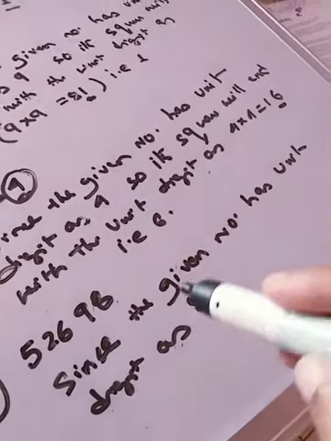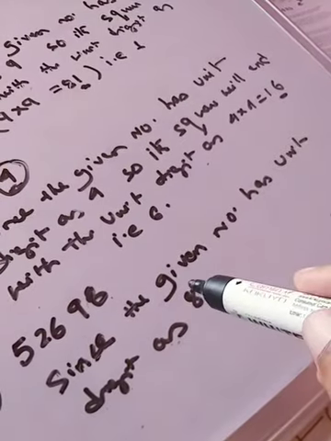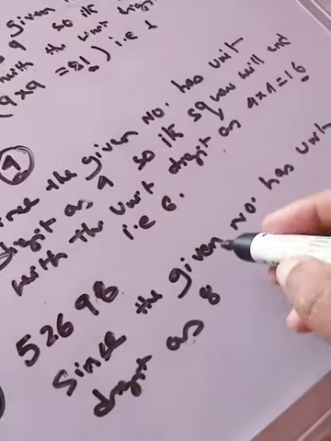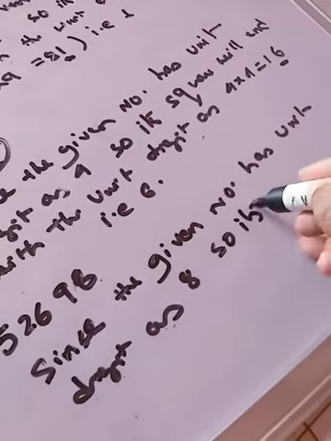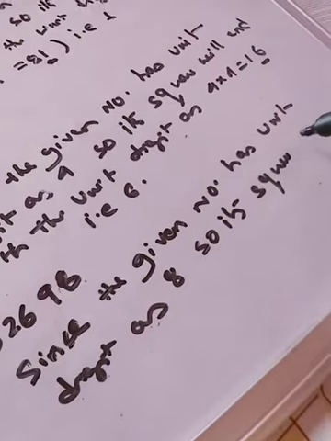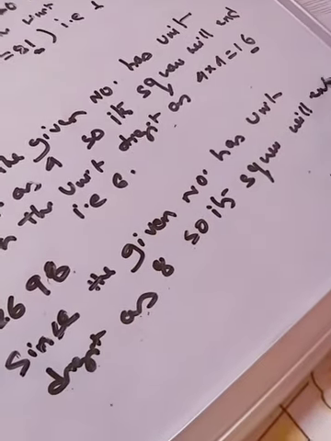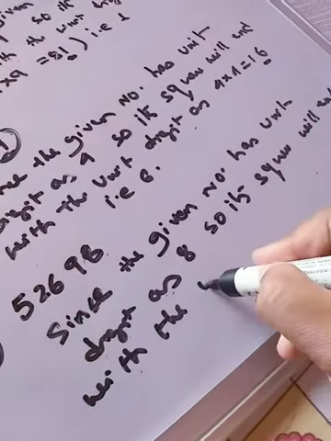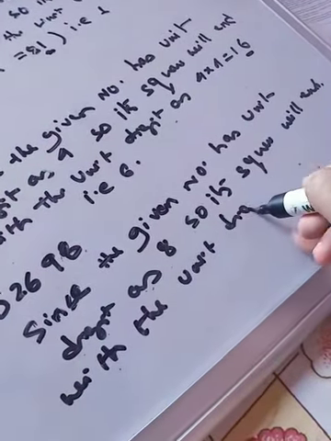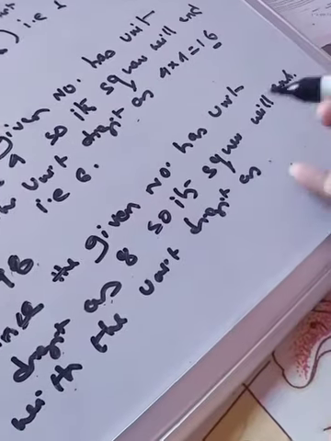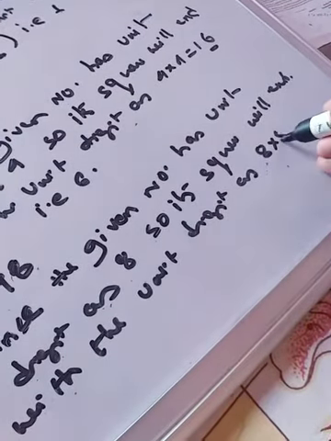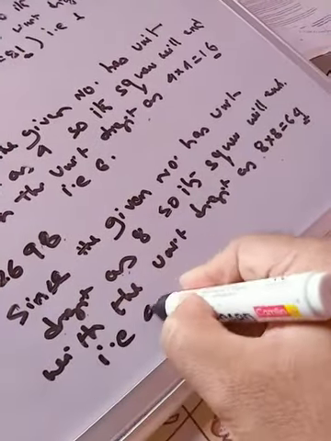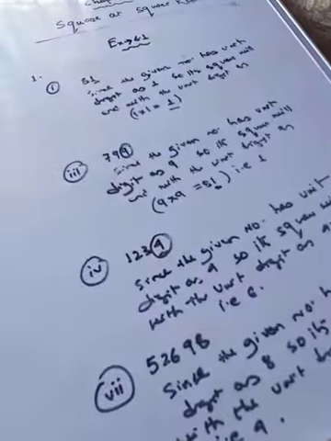Any number which carries unit digit as 2 and 8, the square will end with the unit digit as 4. So its square will end with the unit digit as what? 2 2s are 4 and 8 8s are 64. So what is there in the unit digit? 4. So this is how you will do question number 1.